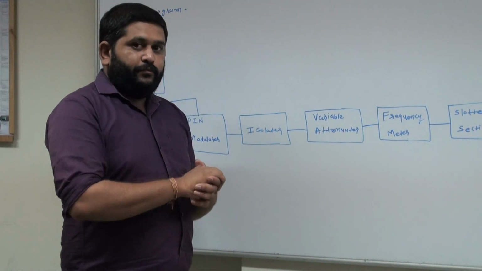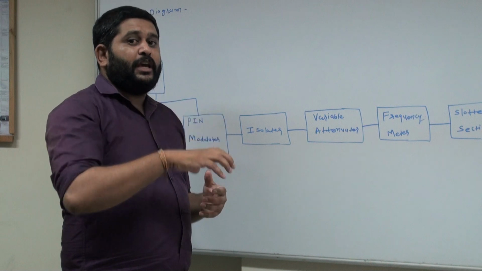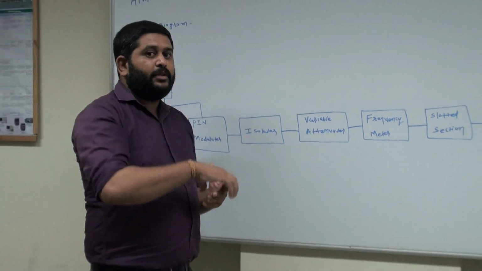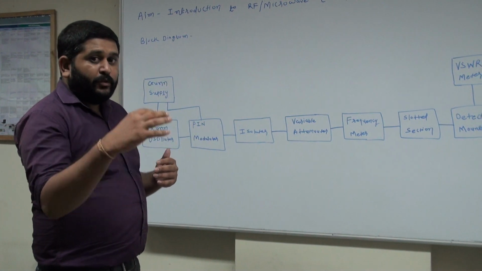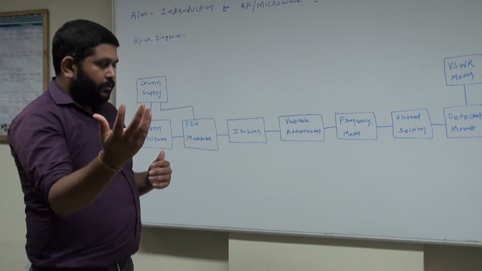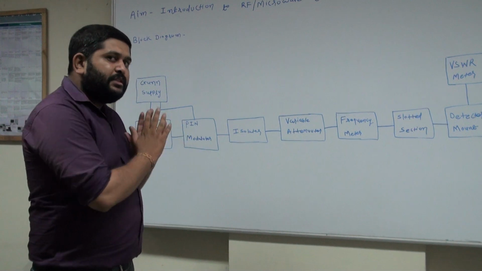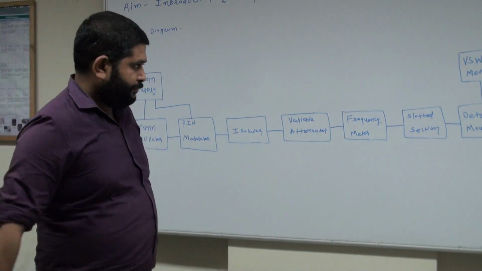So we will change the dimension of the cavity, meaning rotate the frequency meter accordingly. The dimension of the cavity changes, and we will find different frequencies between 8 to 12 gigahertz.